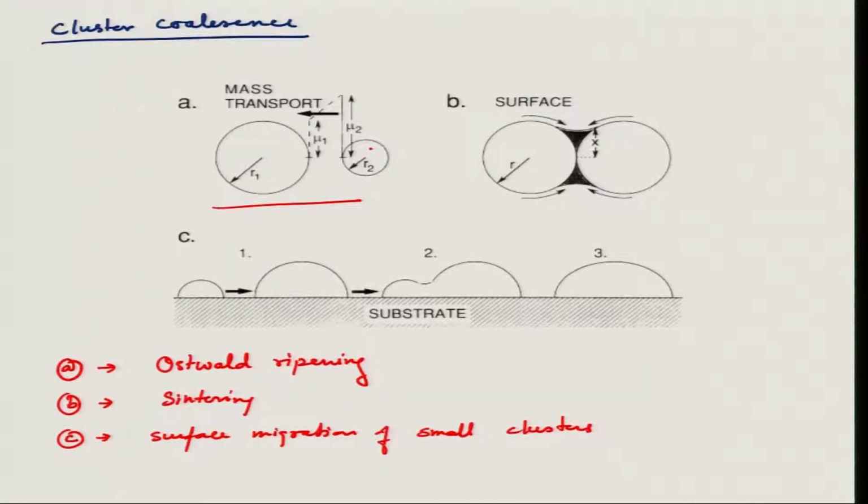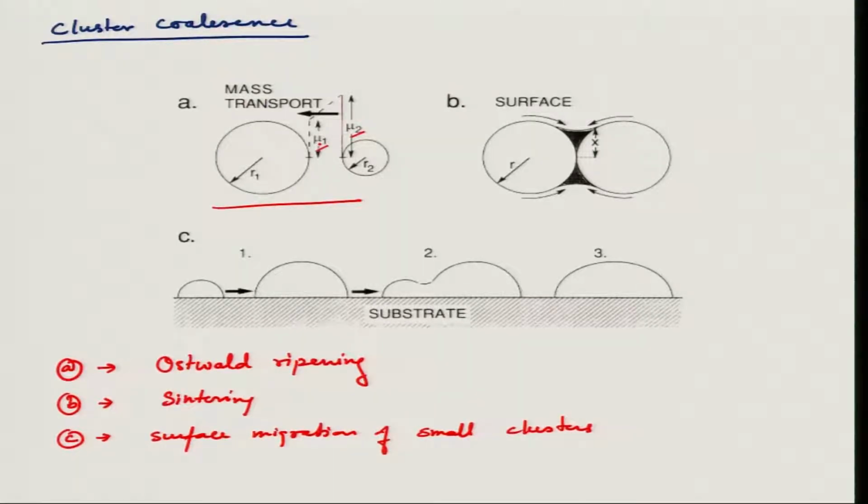In Ostwald ripening, the larger nuclei grow at the expense of smaller nuclei. The atoms or molecules in a smaller nucleus have higher chemical potential, or higher energy per atom, compared to the atoms in a larger nucleus.